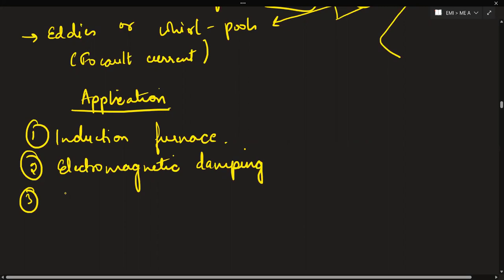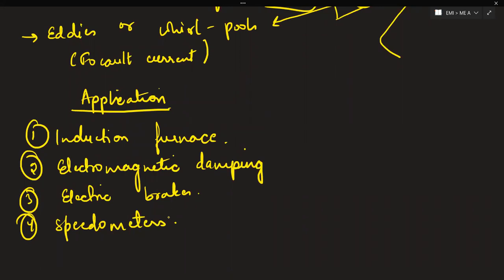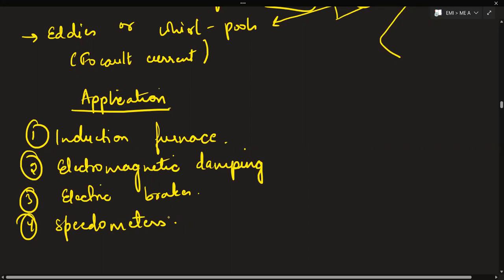Then eddy currents are used in electric brakes, and also in speedometers. These are some applications. In electric brakes, a strong changing magnetic field is there, so eddy currents are set up in the drum, which exerts a torque, and then the trains or vehicles get stopped.